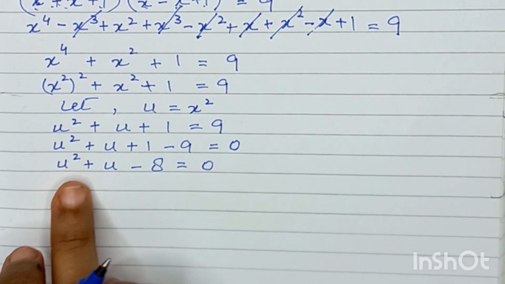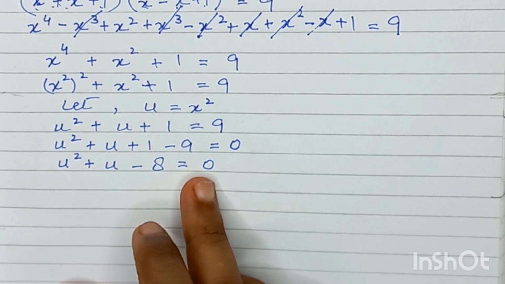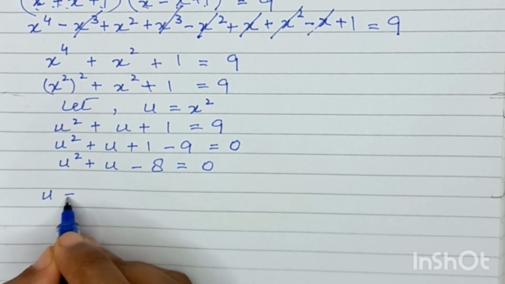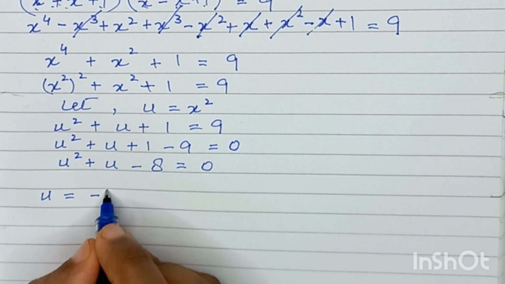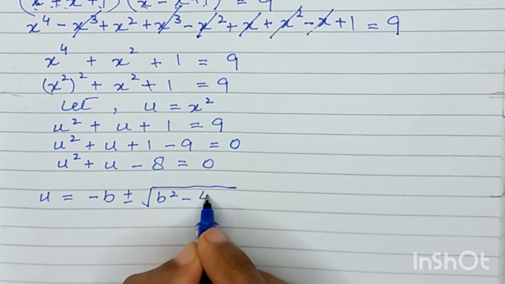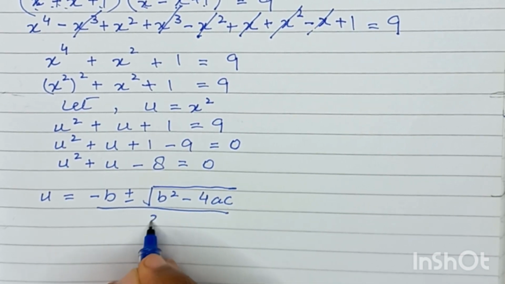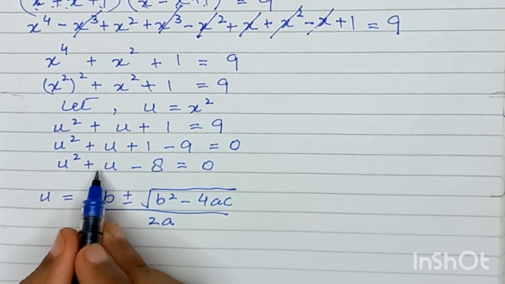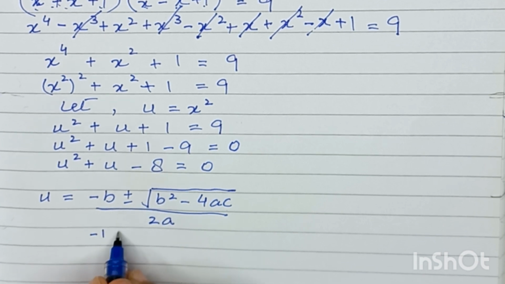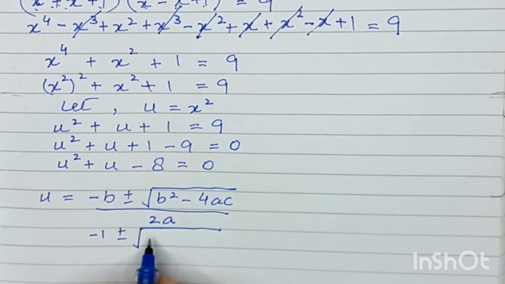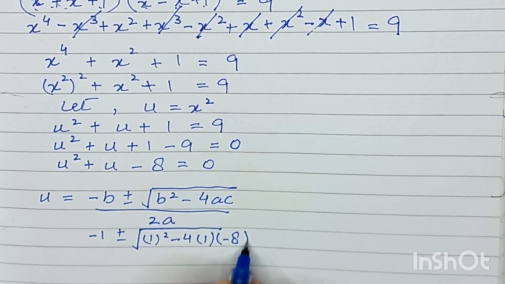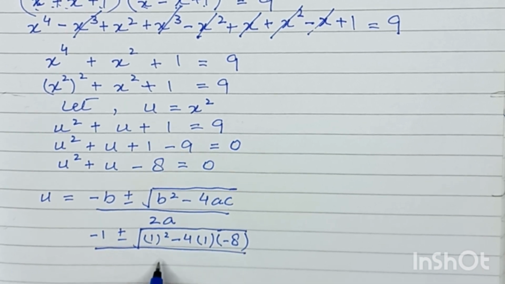Now it is the form of a quadratic equation, so we will apply the quadratic formula. The quadratic formula is u equals minus b plus or minus the square root of b^2 minus 4ac, divided by 2a. So a is 1, b is 1, and c is minus 8. So minus 1 plus or minus the square root of 1^2 minus 4 times 1 times minus 8, divided by 2 times 1.